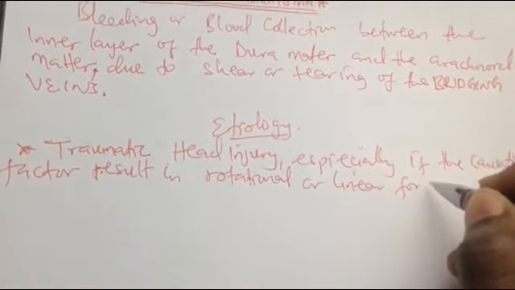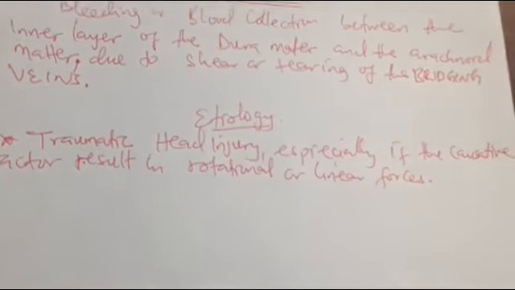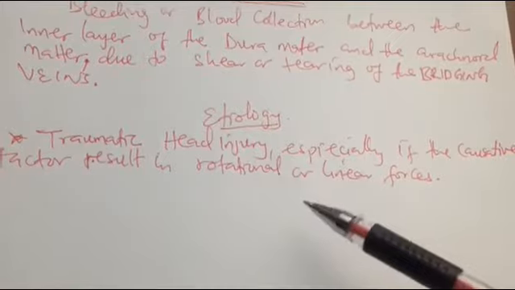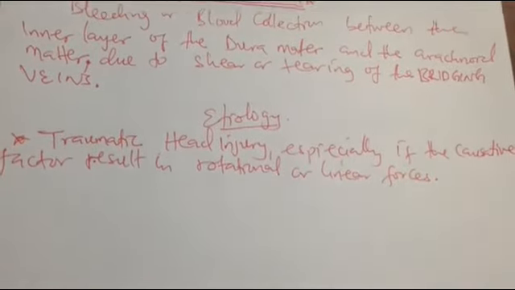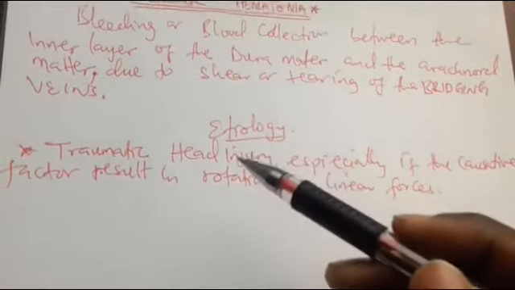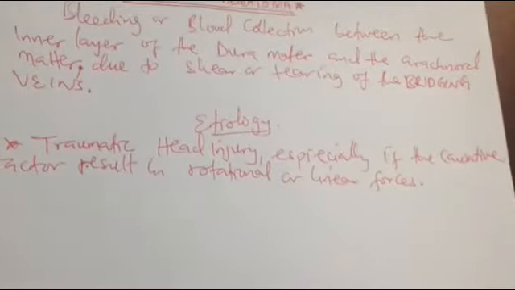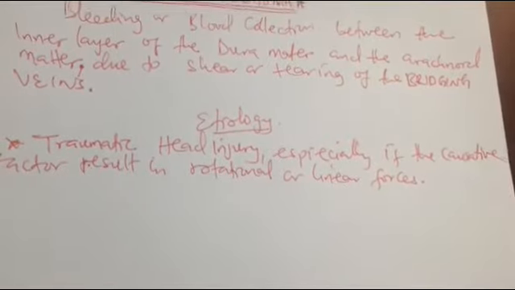For example, if sudden rotational or sudden linear forces are exerted against the head, together with the trauma, this will lead to damage to the bridging veins. So that is it.